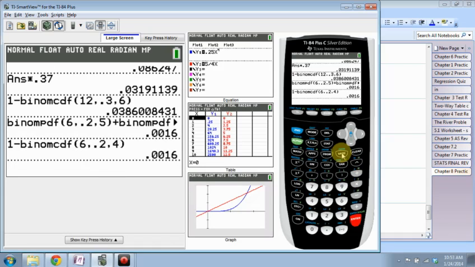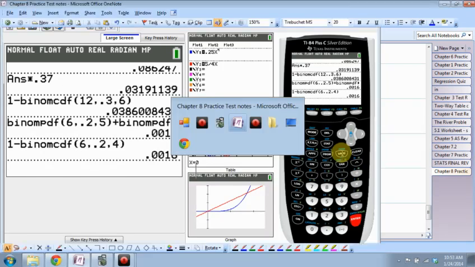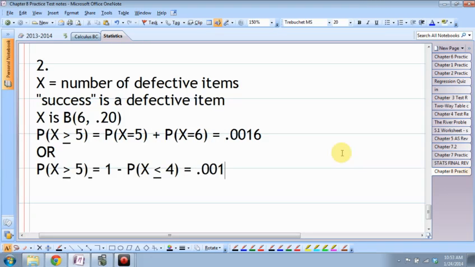Same thing, 0.0016. So it's really the same. I don't know which one of these 2 calculations you're going to want to do. Both are perfectly fine.